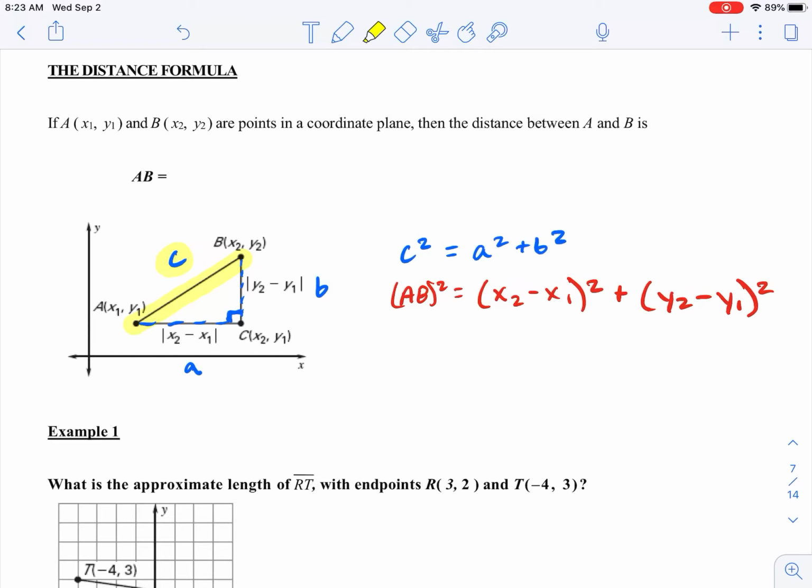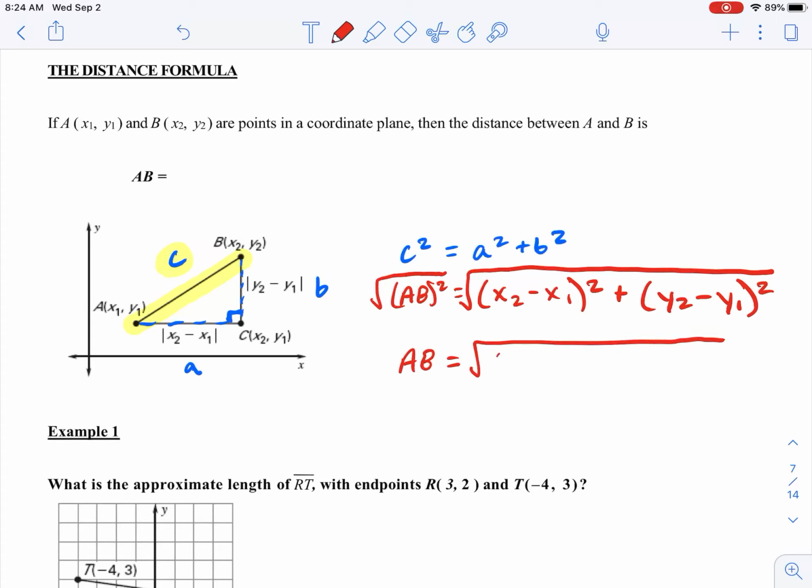But basically, this squared, I can square root both sides, and I'll be left with AB, because the square root of something squared is just itself. Now the problem is, if I do that, I can't just square root the left side of the equation. I've got to square root the other side.